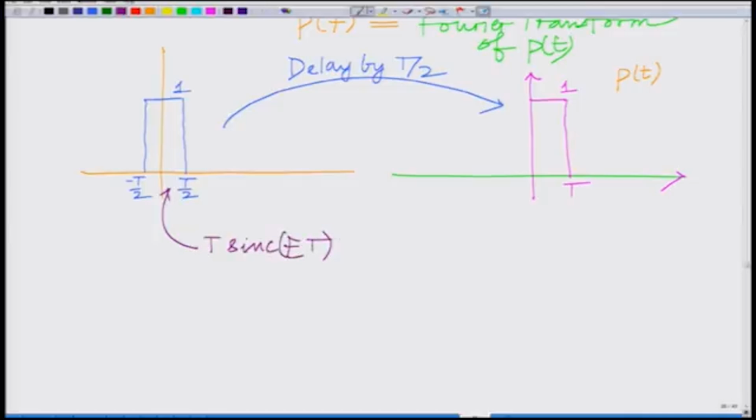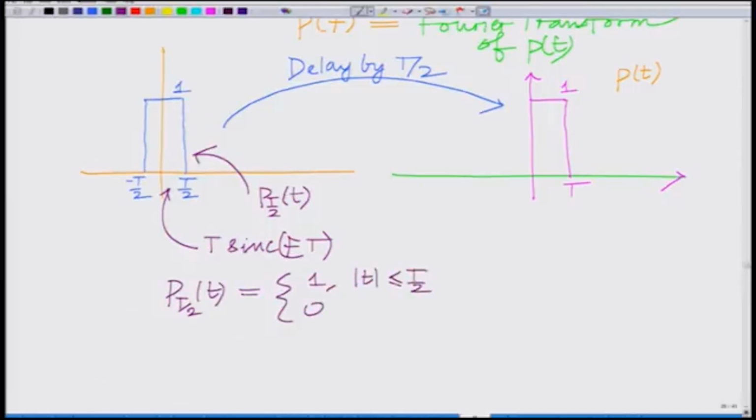sinc ft. This is basically this pulse, if you remember, my Pt by 2 of t, where Pt by 2 of t is 1 if mod t is less than or equal to t by 2 and 0 otherwise.